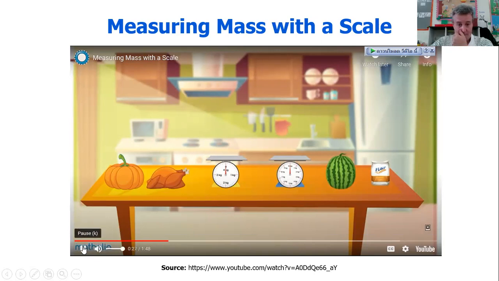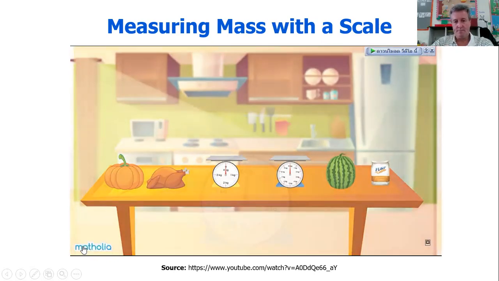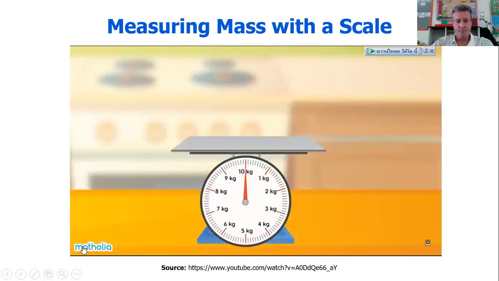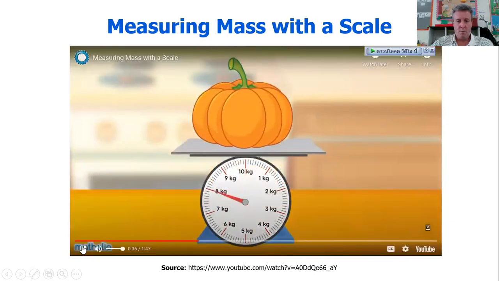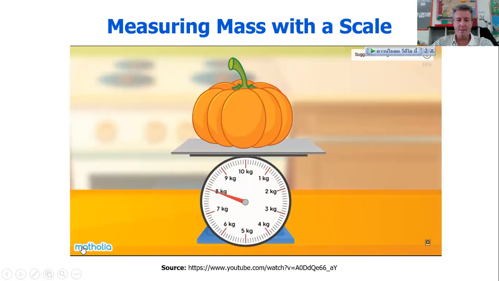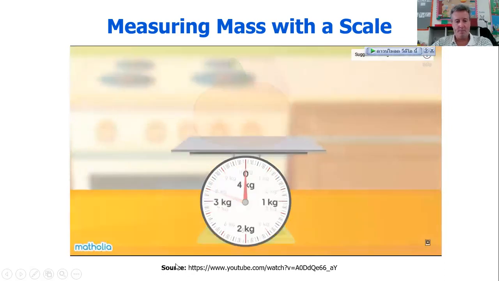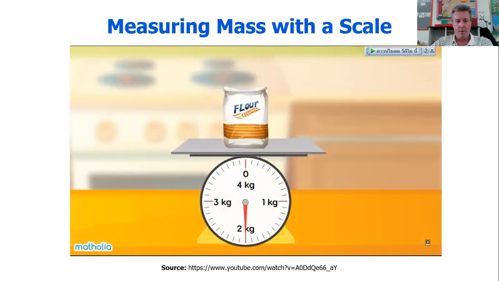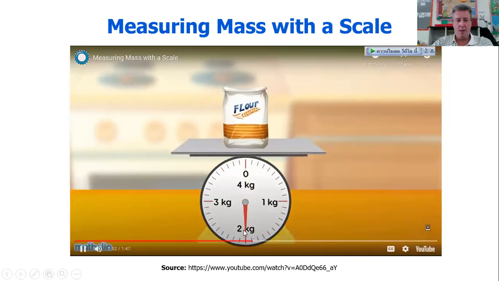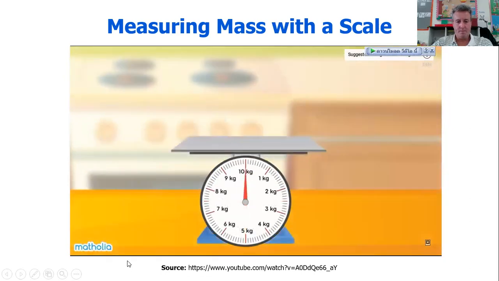Now, let's measure the mass of each object by placing it on the scale. What is the mass of the pumpkin? Whoa! You got it. The pumpkin has a mass of 8 kilograms. What is the mass of the bag of flour? That's right. 2 The bag of kilograms. flour has a mass of 2 kilograms. What is the mass of the turkey?